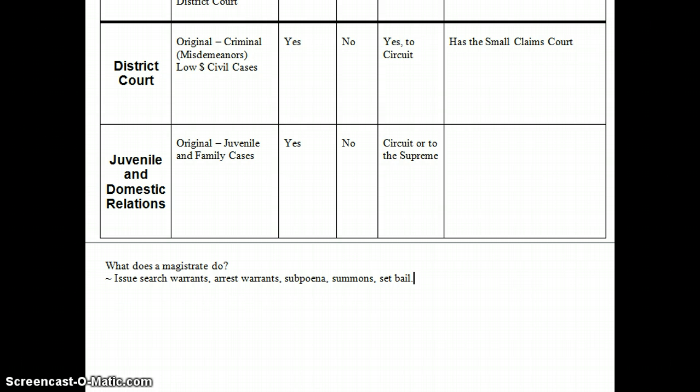So they're the ones who determine how much bail someone has to pay. A subpoena is a court order requiring someone to appear in court as a witness, and a summons is a court order requiring someone to show up as a defendant.